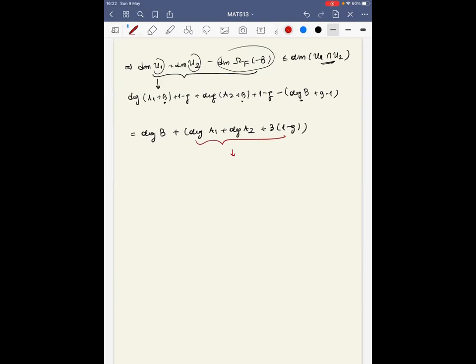And if the degree of B is large enough, we can see that with this particular choice of B, this dimension is going to be strictly positive.